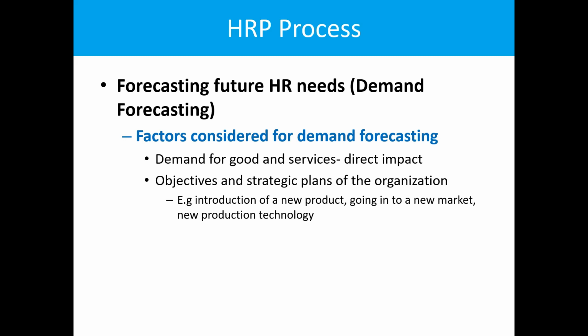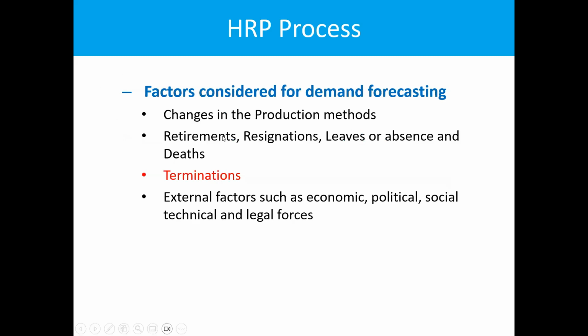Another factor for demand forecasting is changes in the production methods. Sometimes we are planning to go for automation. In that case, all the manually done works are planned to be done by automation.